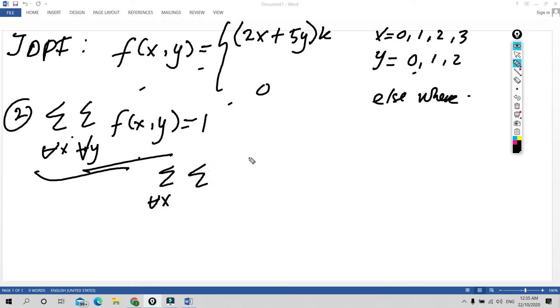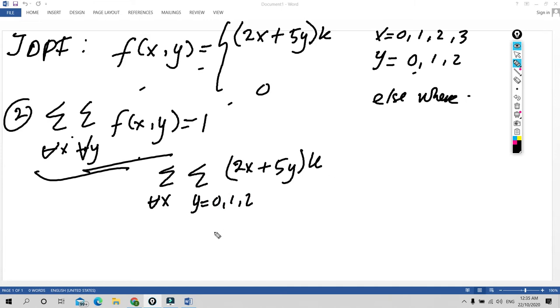The function there is 2x plus 5y times k, where y is equal to 0, 1, and 2.